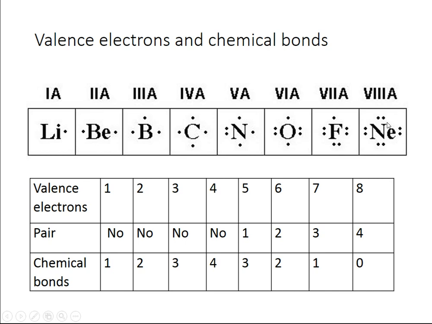They don't want to form chemical bonds. Only in special cases can we form chemical bonds, when we expand, what we call an expanded octet, which we will see later. But for now, let's say that group 8 elements do not form chemical bonds because all the electrons are paired in them.